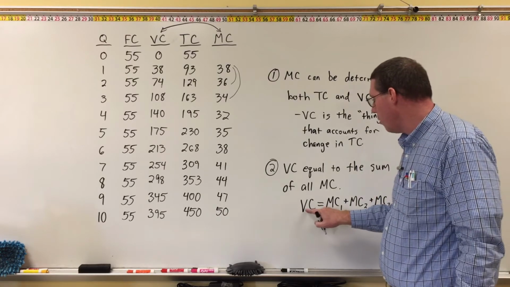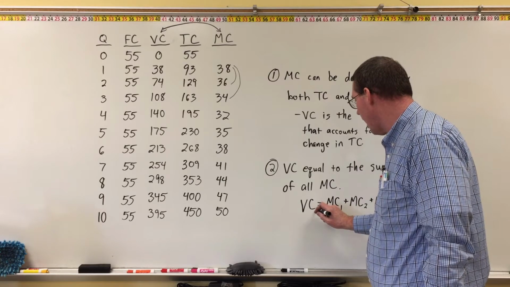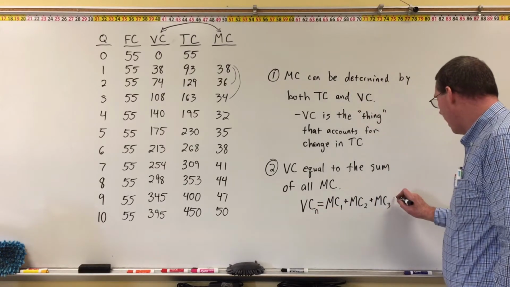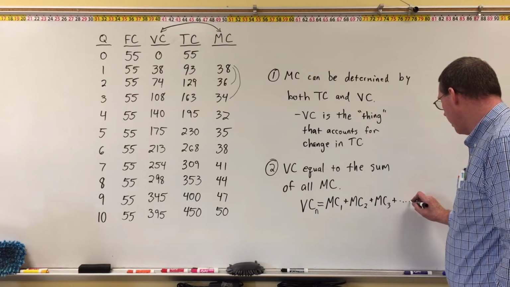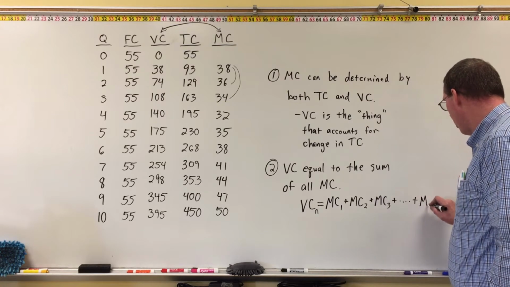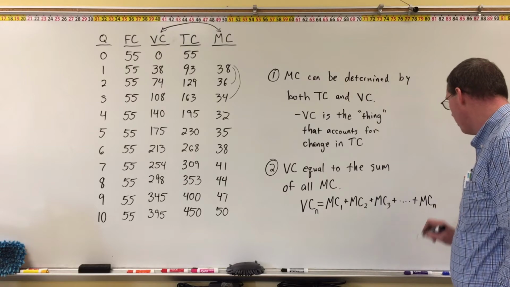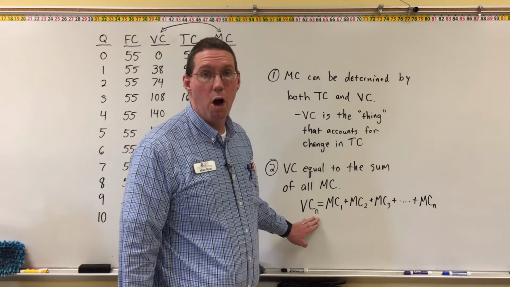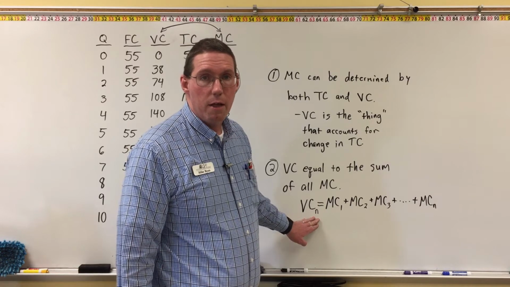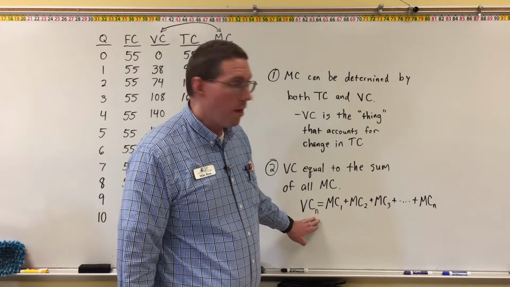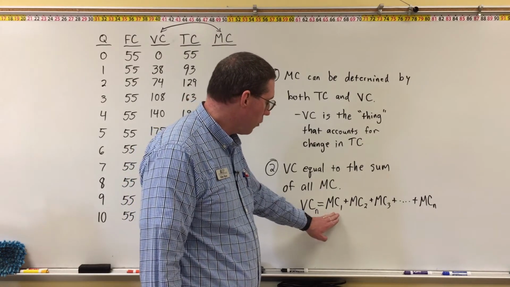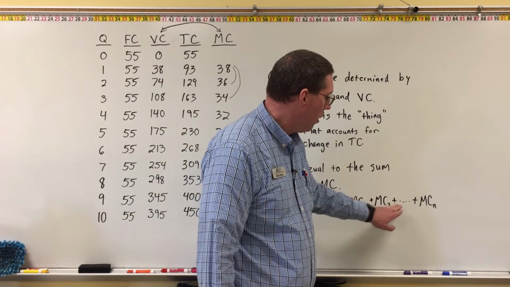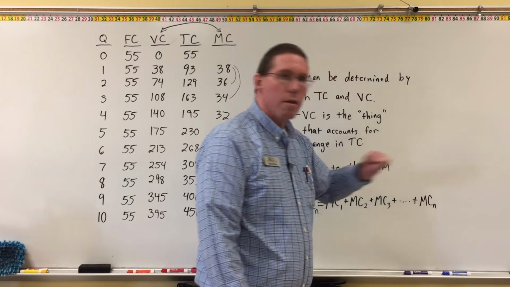And if we were to say, what is the variable cost of the nth unit? We're going to put a little n down here. We would then add up everything up to the marginal cost of the nth unit. So, if we wanted to know the variable cost of the 7th unit, then we would add up the marginal cost of the 1st unit plus the marginal cost of the 2nd unit plus the marginal cost of the 3rd unit, 4th, 5th, 6th, 7th unit.